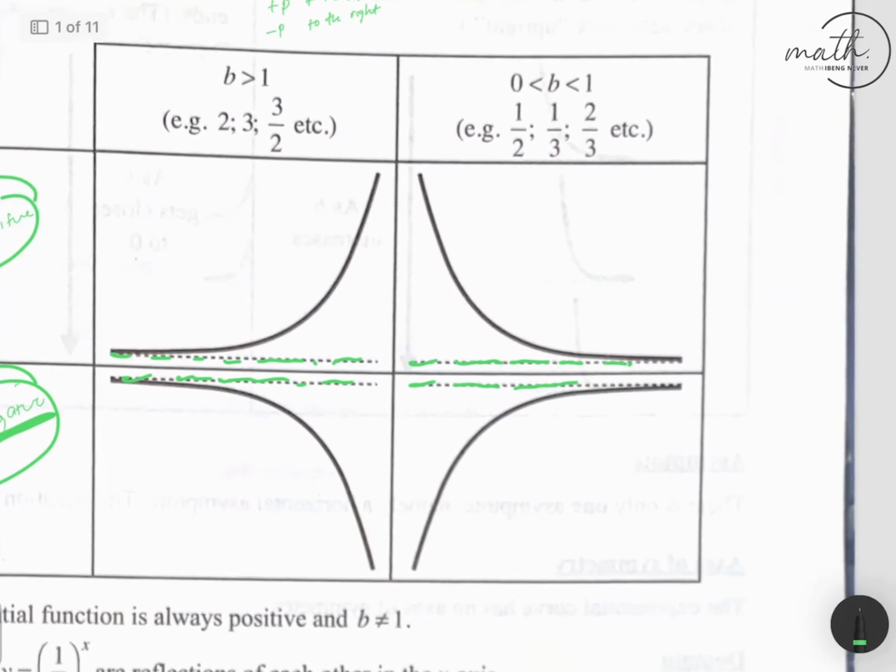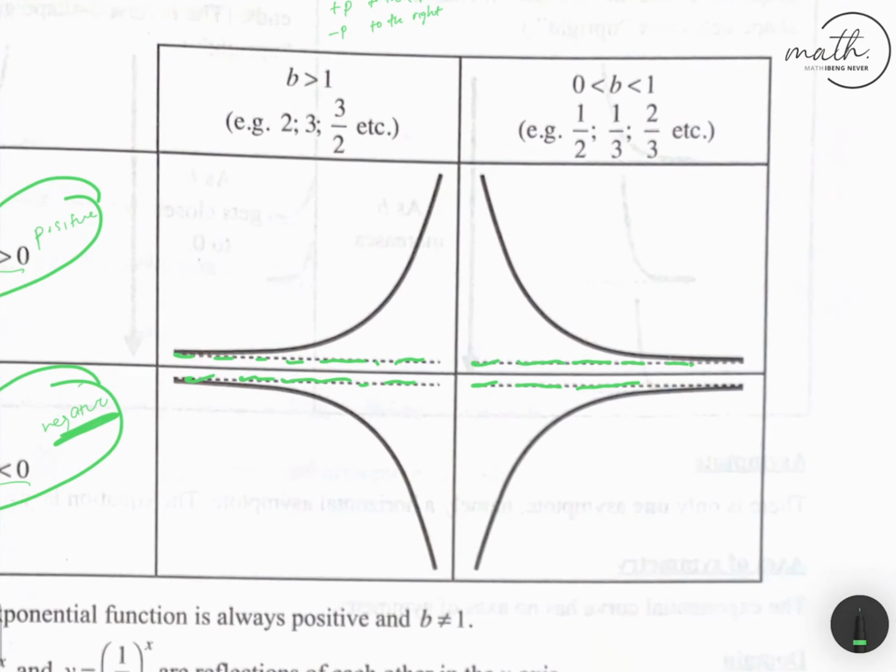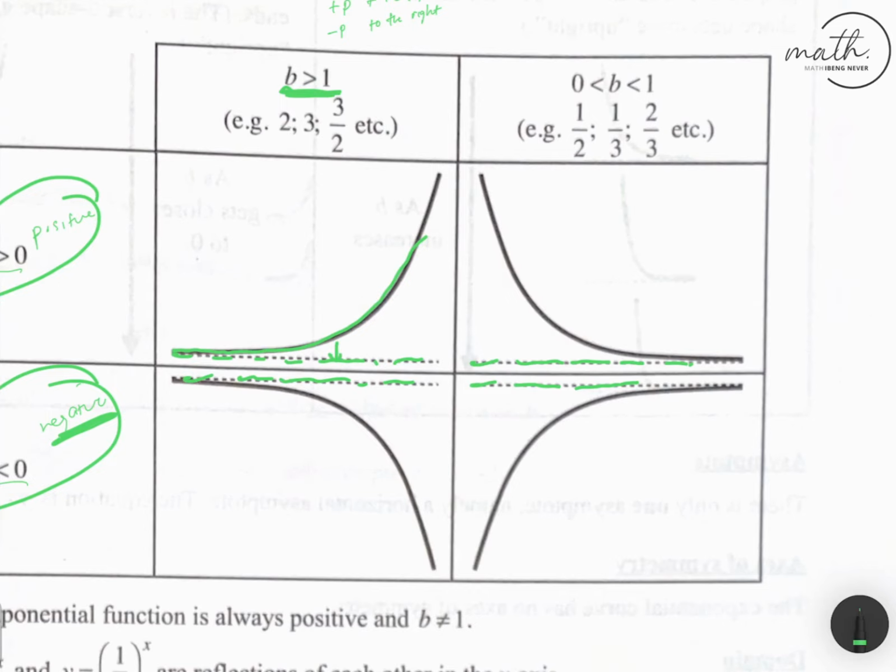For B, look at it this way. If B is bigger than 1, the graph starts being close to the asymptote and goes away. So it starts being close to this line and then goes away.